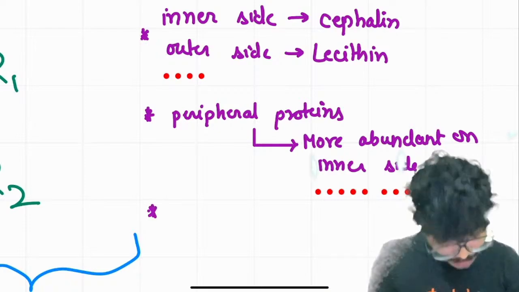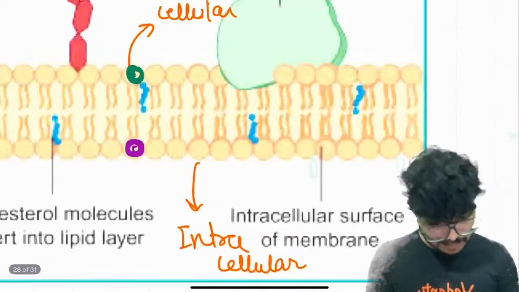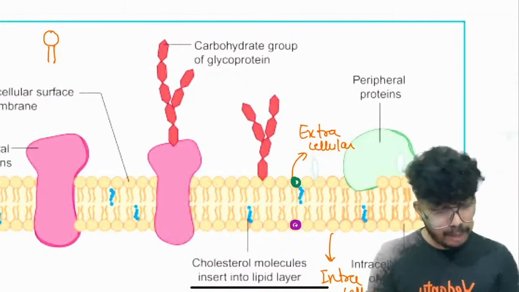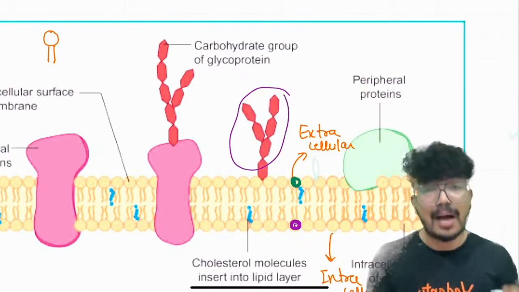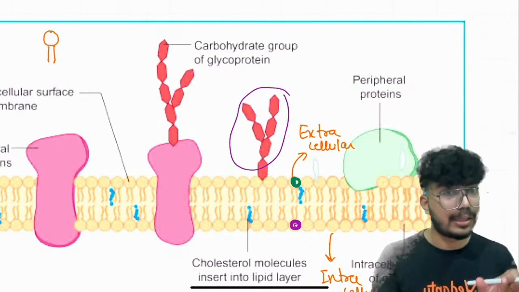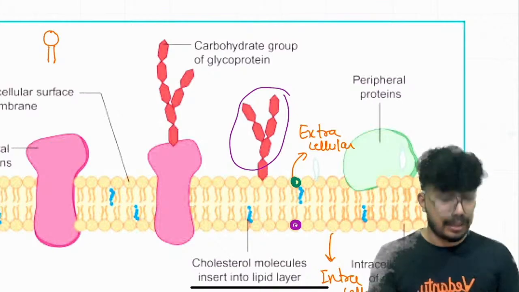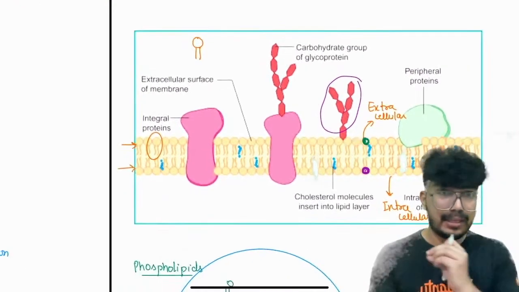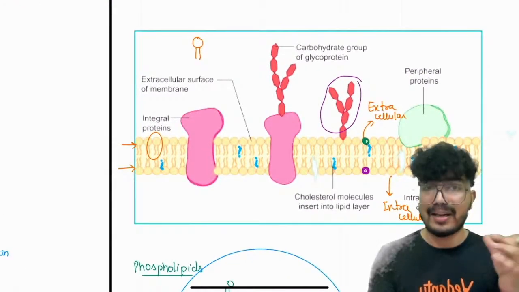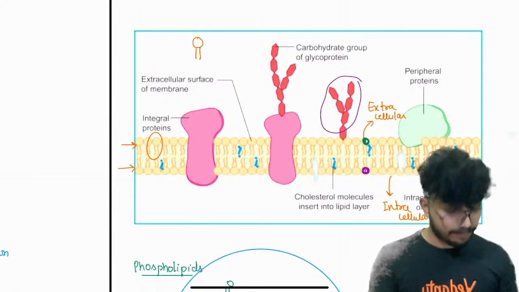Next point: if you look at this diagram itself, you can tell that if you observe these oligosaccharides, the carbohydrate residues occur on the outer or extracellular surface, but in the diagram there is no such carbohydrate residue present on the inner side of the phospholipid bilayer.